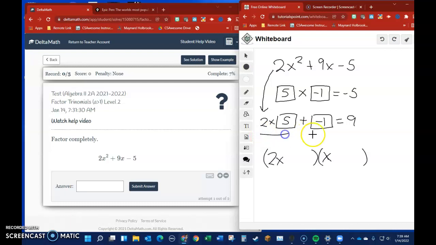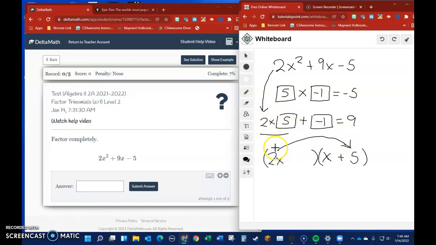And here's the key. So if I multiply the 2 times the 5, that's this situation right here. Or in our box method where it was the bottom of the column or the side of the column. So I'm going to do plus 5. So that's the key, is to know where do I put the 5.